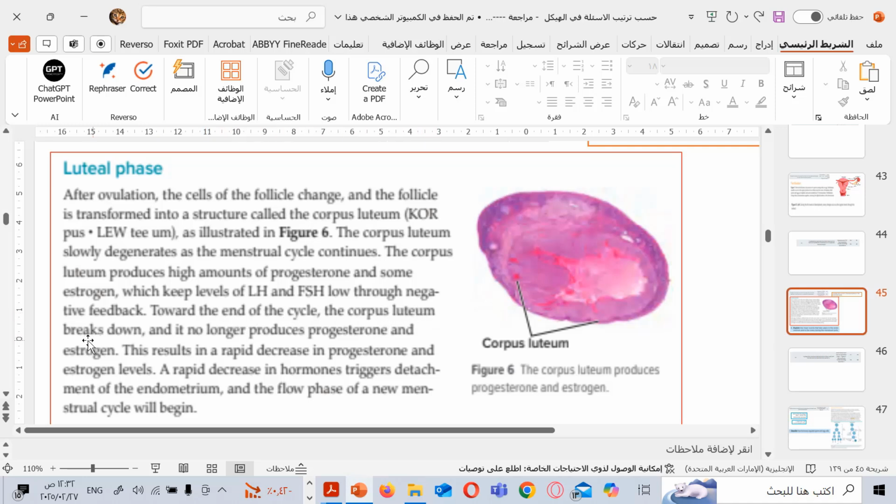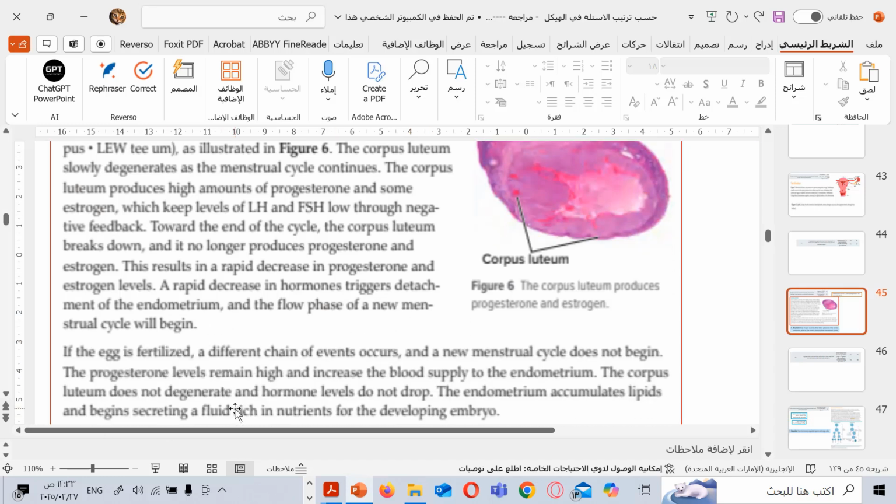The corpus luteum breaks down, and it no longer produces progesterone and estrogen. This results in a rapid decrease of progesterone and estrogen levels, and the rapid decrease in hormones triggers detachment of the endometrium, and the flow phase of a new menstrual cycle will begin.